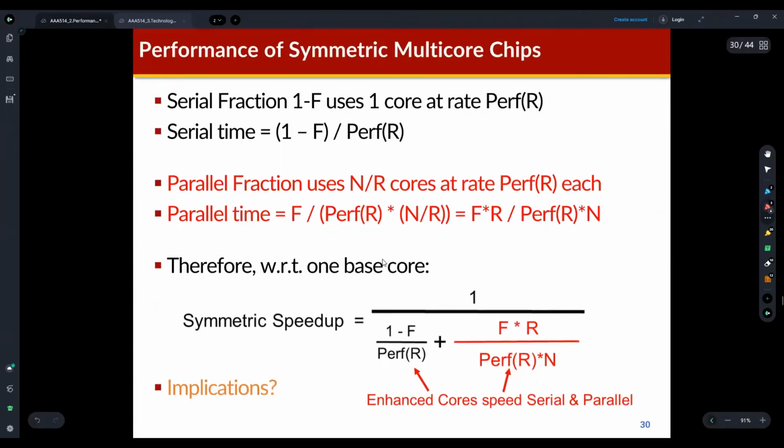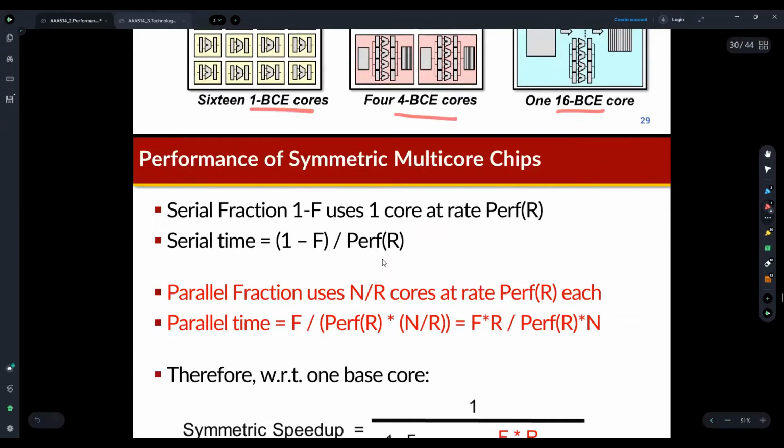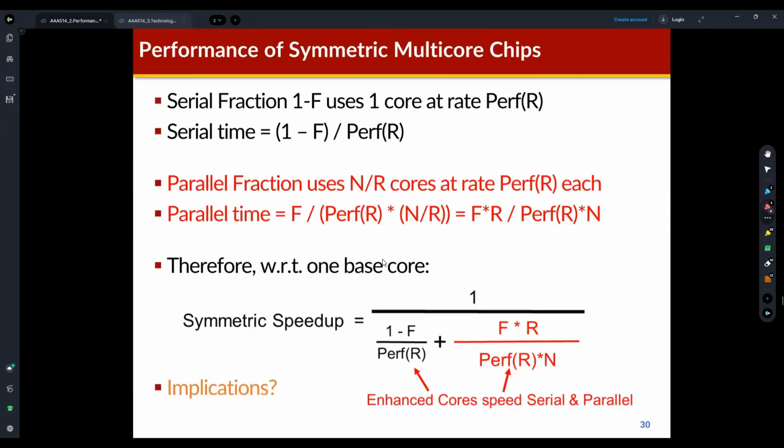If we apply Amdahl's law for these different configurations, how is the performance improved?